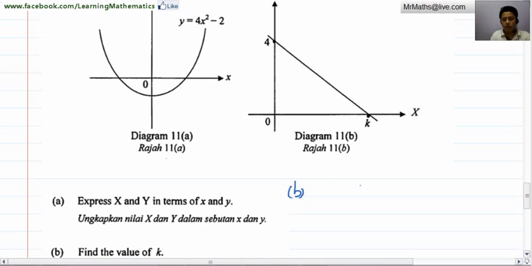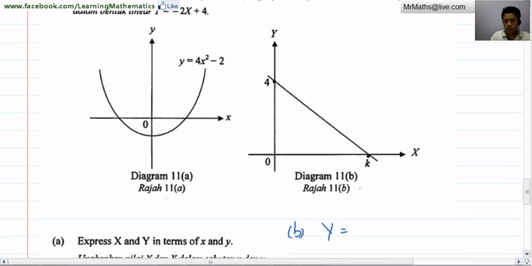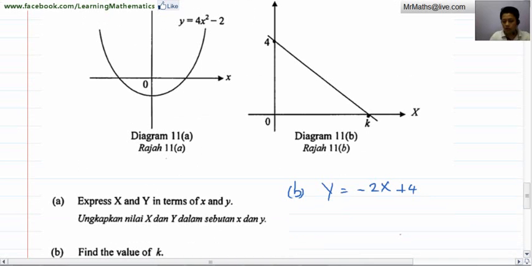Y equals minus 2X plus 4, and the gradient of the graph, gradient m, is minus 2.